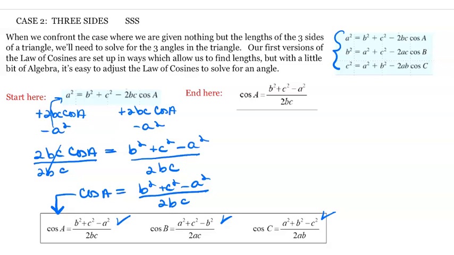I just transformed the original equation that I was working with. And we can do that for b squared and c squared as well. So you don't need to know how to do this. You just need to understand where it came from so that you're feeling confident using the law of cosines, whether it be for finding a side or finding an angle.